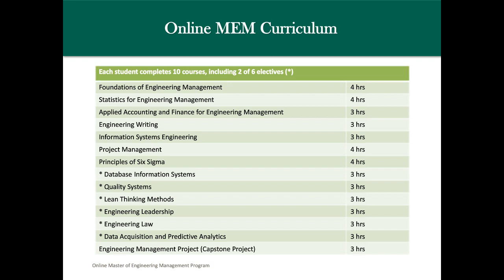We use statistics in several applications, some in quality systems, certainly in our required Six Sigma course, and also for those who are interested in the data and analytics portion of our curriculum, statistics is a foundation for that as well. You can see other courses, applied accounting and finance, information systems engineering, project management, and so forth.